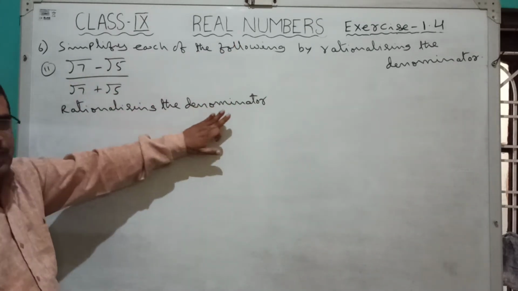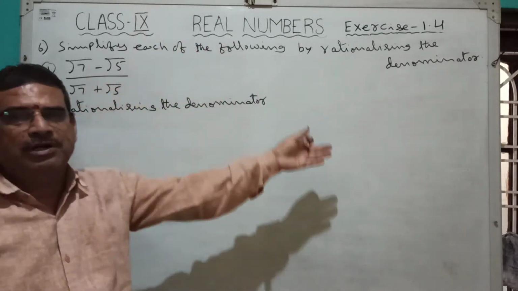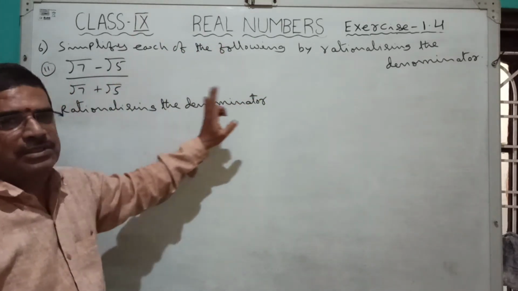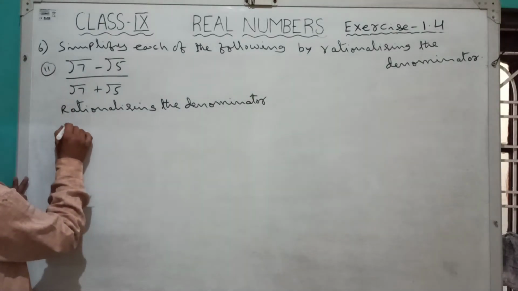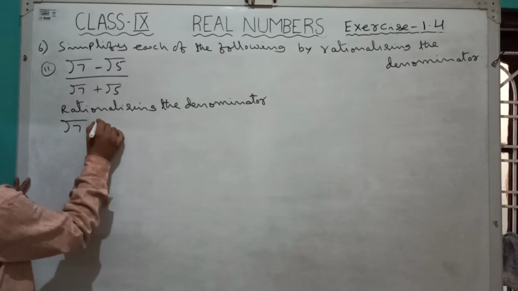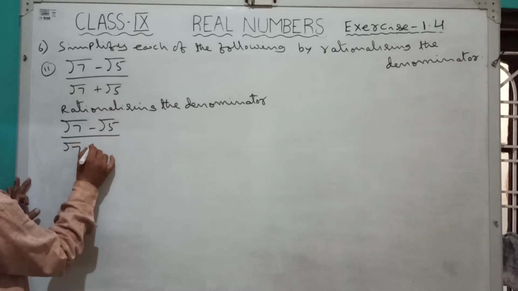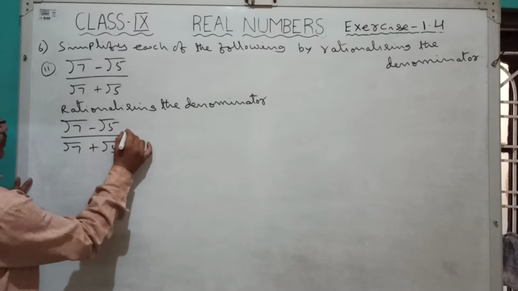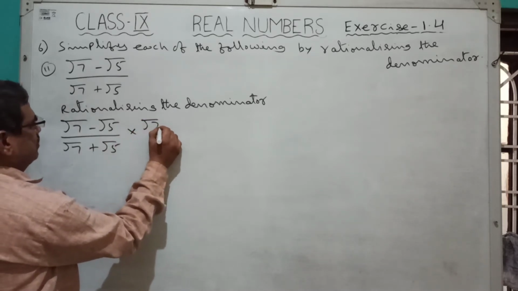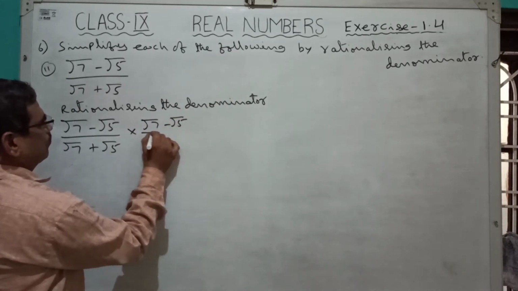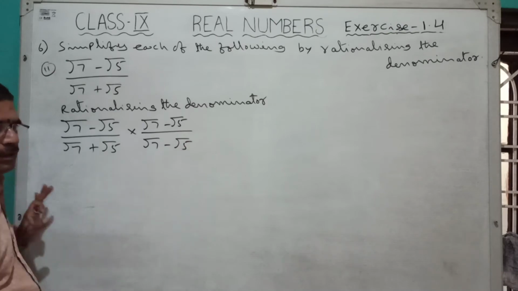To convert an irrational number to a rational number, the number we multiply with is called the rationalizing factor. So (root 7 minus root 5) divided by (root 7 plus root 5) into, here plus symbol is there, I am writing minus symbol, root 7 minus root 5.